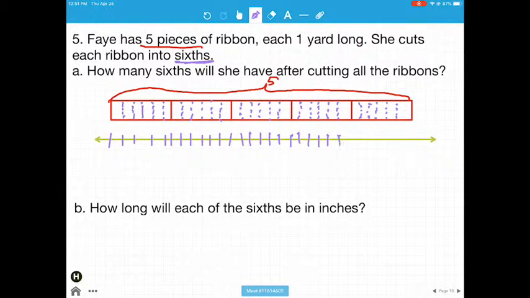Okay, so each one of these is representing a section of the number line. And we start off with 0, 6, then we go 1, 6, 2, 6, 3, 6, 4, 6, and I missed one.